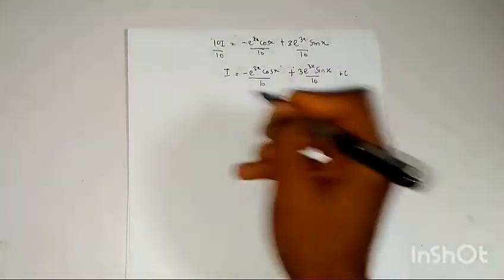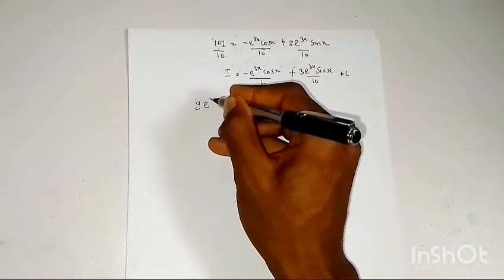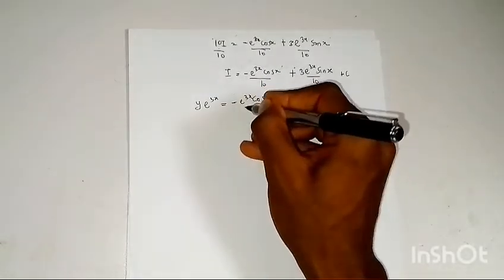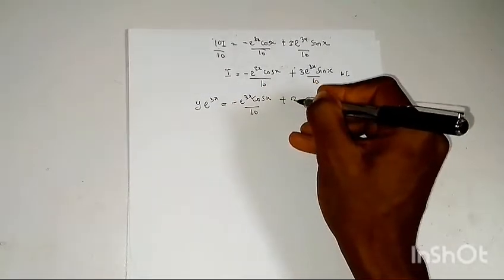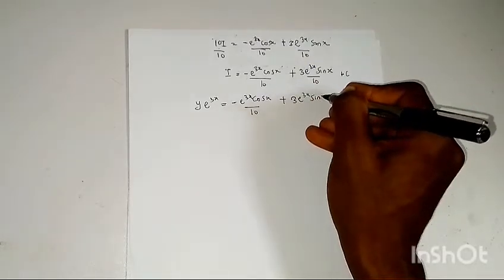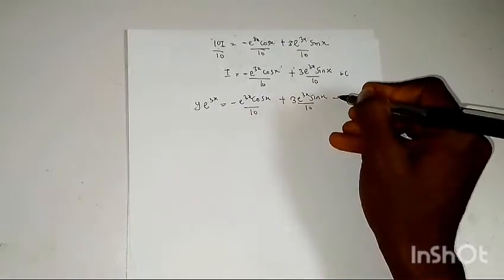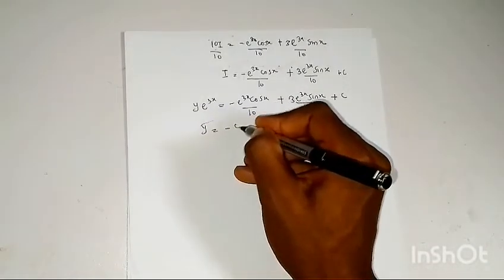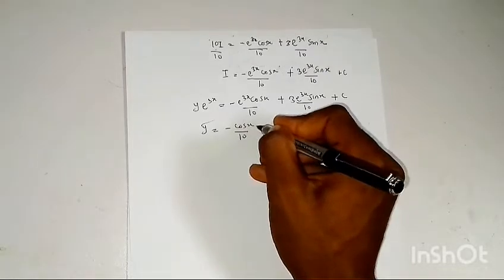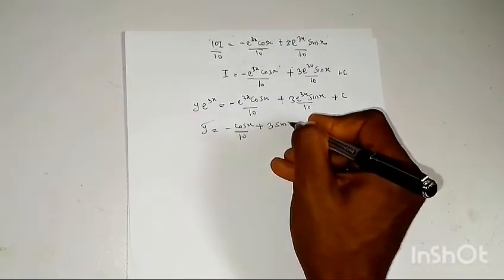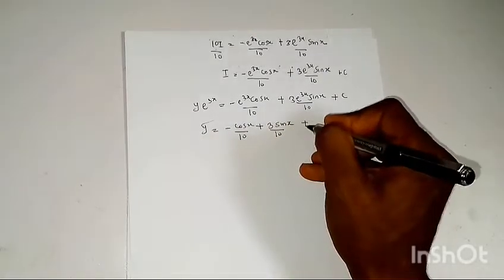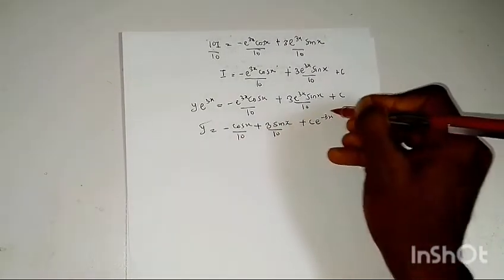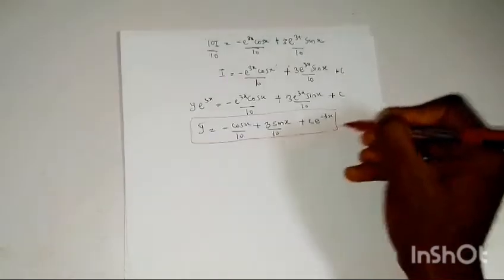So this is y exponential 3x equals minus exponential 3x cos x over 10 plus 3 exponential 3x sine x over 10 plus c. Dividing both sides by exponential 3x, y is equal to minus cos x over 10 plus 3 sine x over 10 plus c exponential minus 3x. So this is my equation.